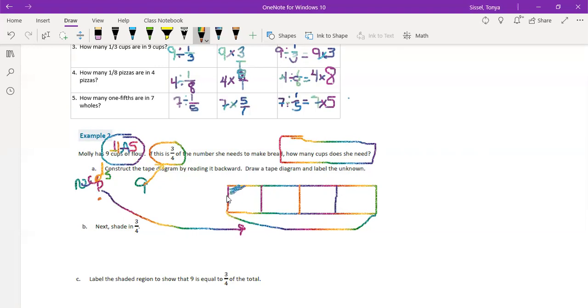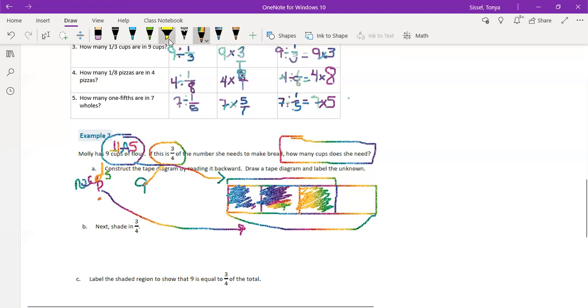So she has this, she has this, and she has this. This right here is what she has. This is 9 cups. So I've got 3/4, that's 9 cups.